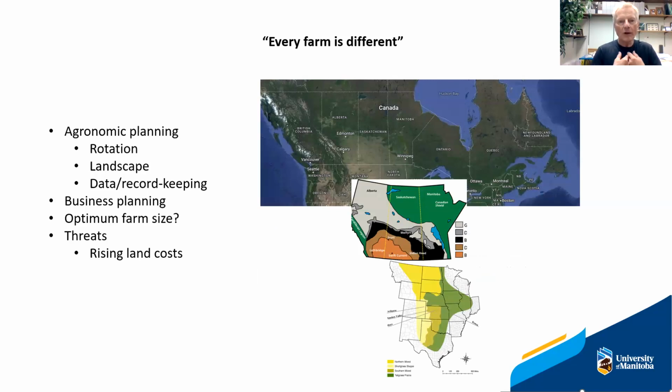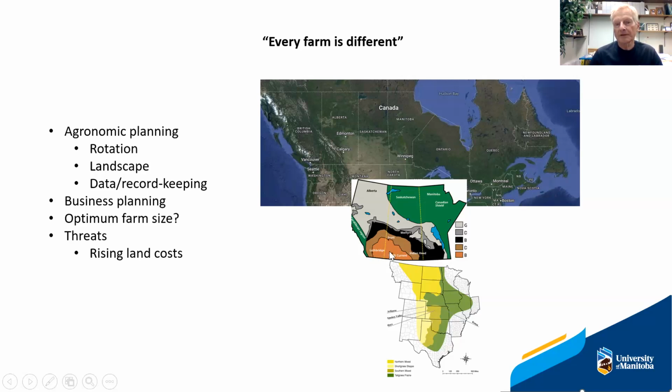Of course, when we plan, we have to recognize that every farm is different. If we look at Canada, we've got vastly different growing conditions, geographies, markets, and proximity to market is different. If we look at the prairies, we've got these different soil zones. The black soil zone is typically wetter.